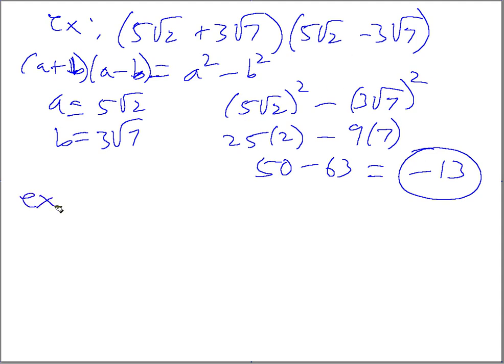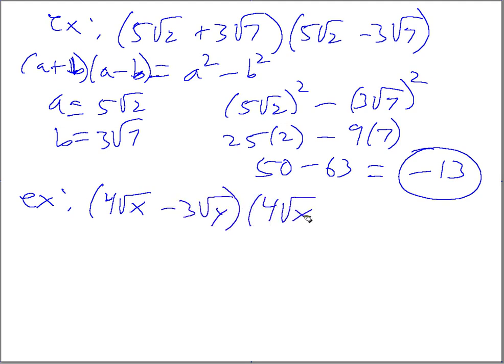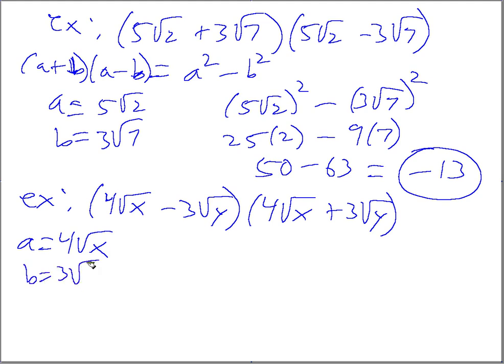Let's go ahead and try this one then. What about 4 square root of x minus 3 square root of y times 4 square root of x plus 3 square root of y? So again, a minus b, a plus b, same formula applies. My a is 4 root x, my b is 3 root y.